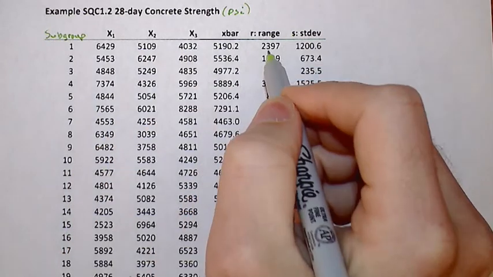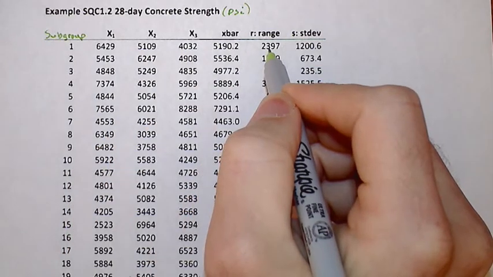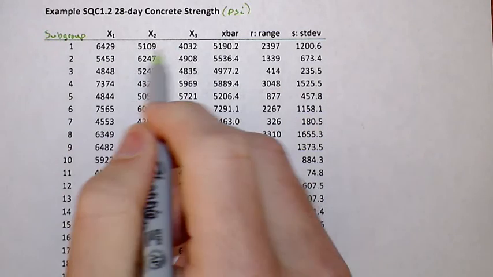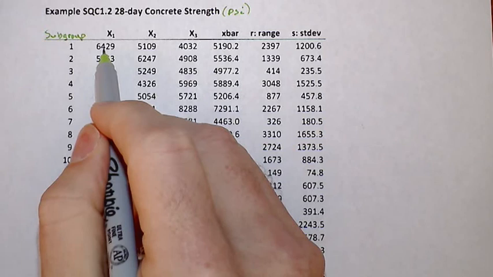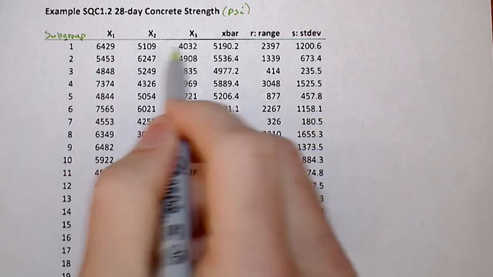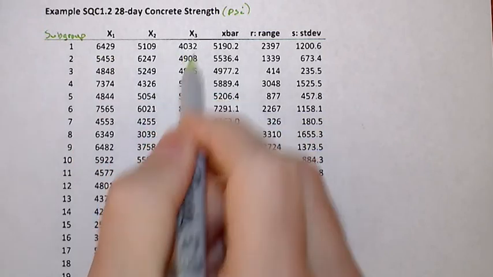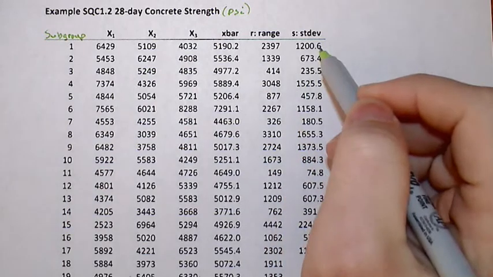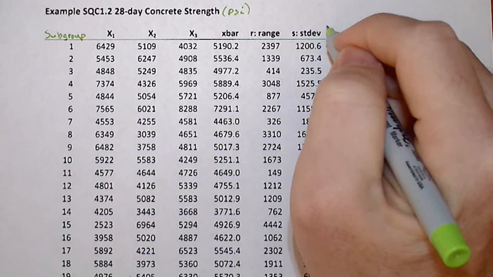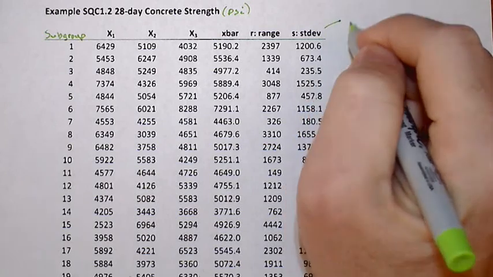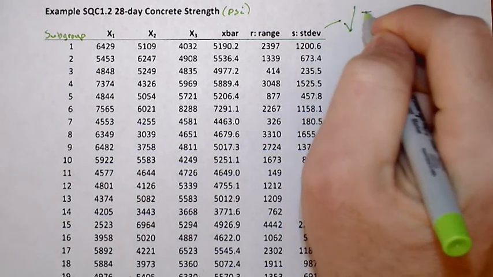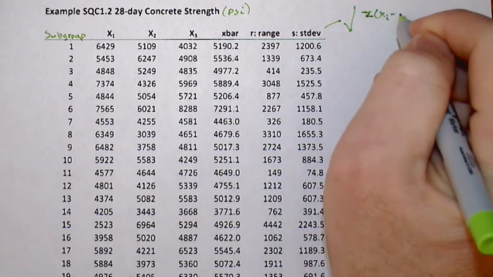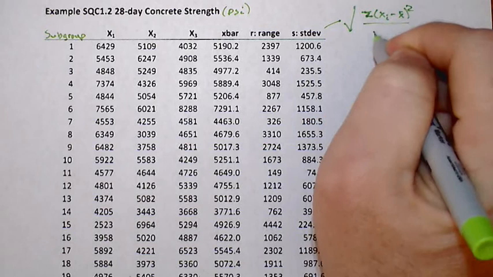The range for that subgroup is just the max minus the min. These are not listed in any particular order, so it just turns out that the max is in column 1 in this first subgroup and the min is over in column 3, but go to the next one and you see that that's not the case anymore. And then of course the sample standard deviation, which is the same as we've seen before: the square root of the sum of the x value minus the sample mean quantity squared, over n minus 1.